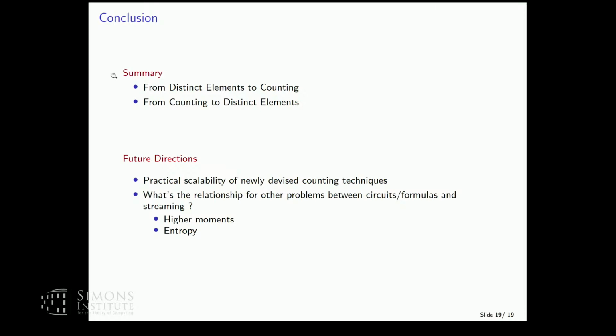What does it imply for calculations of entropy or probabilistic circuits and so on? There are lots of other problems, like higher moments, heavy hitters and all. What are those connections and what are those concepts in the context of distinct circuits? So there's much more to do. We have barely started here. So with that, I'll conclude.